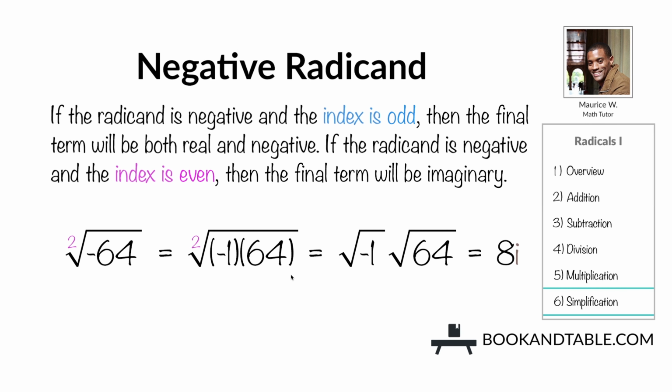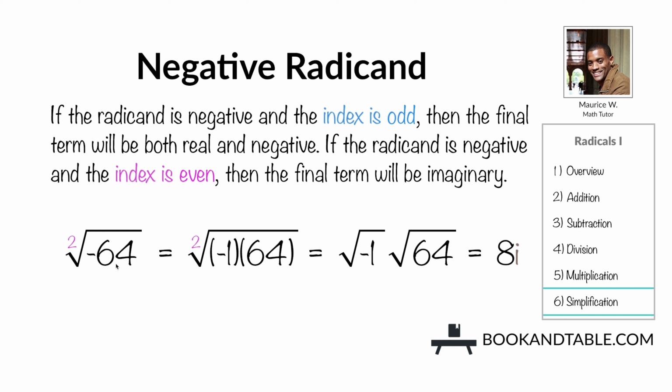So instead, what we have to do is extract that negative 1 times 64. So this would be the same as the square root of negative 1 times the square root of 64. The square root of 64 is 8. And the square root of negative 1 is called the imaginary term.